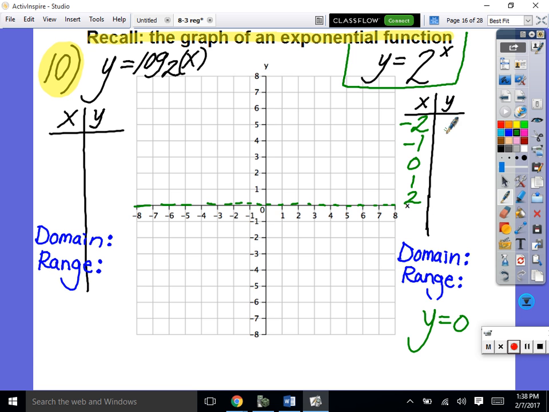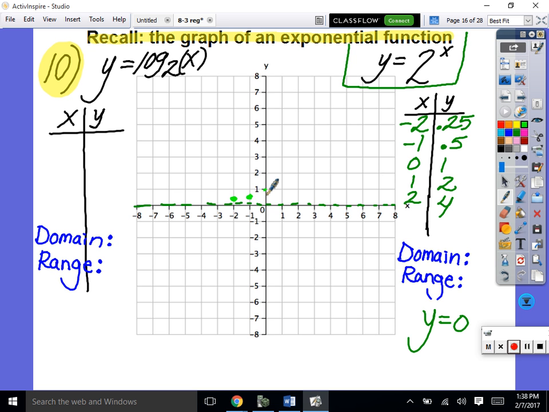And now let's plot some points. So tell me what the point was. Negative 2, 0.25, right? Negative 1, 0.5. Guys, are you looking at your table of values? 0, 1. 1, 2. 2, 4. So let's plot those points. So negative 2, I'm going to go a different color here, maybe like that bright green. So negative 2 up barely any. Over negative 1 up halfway.